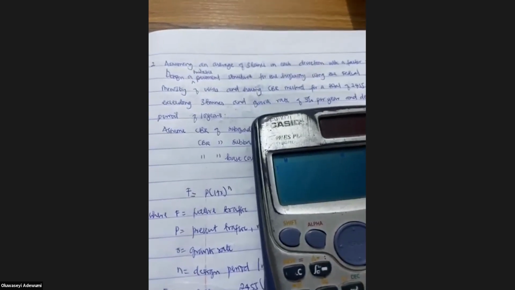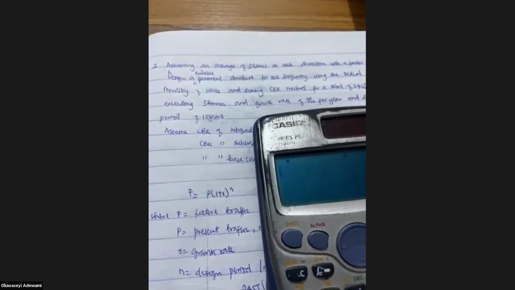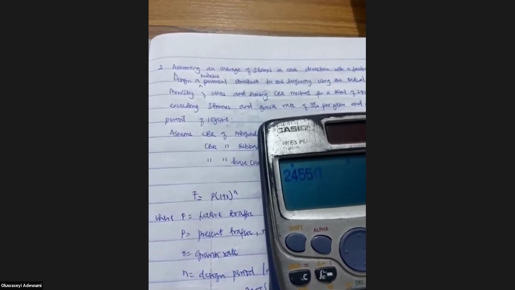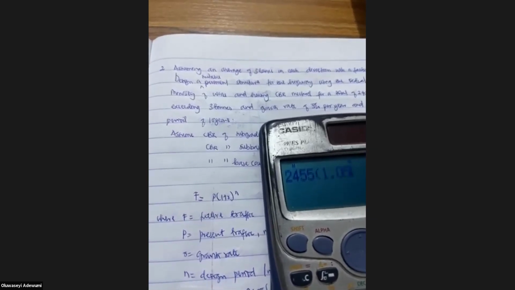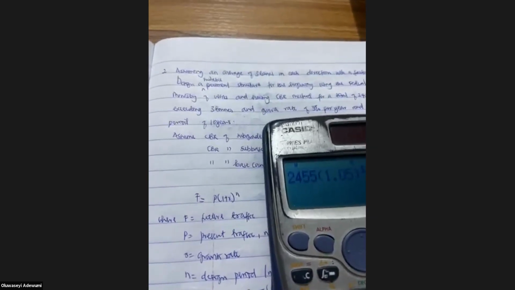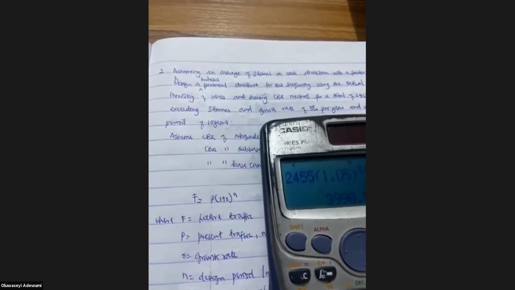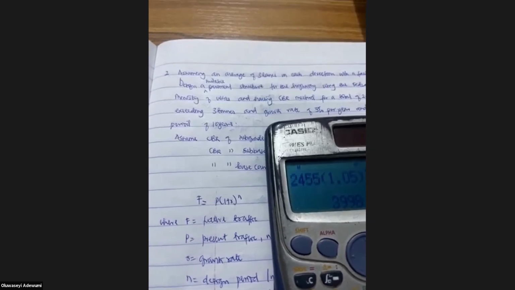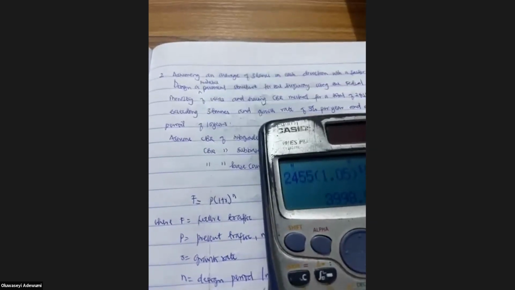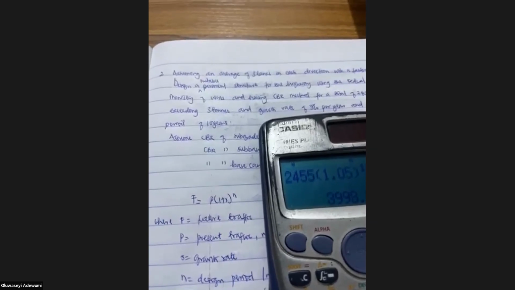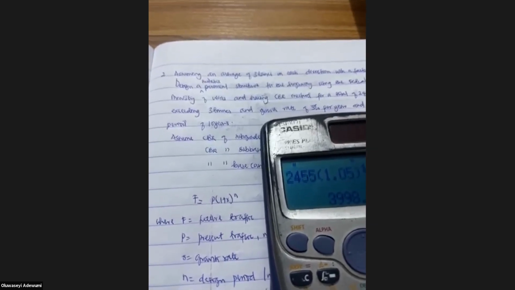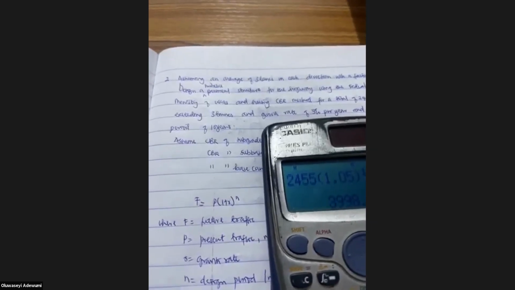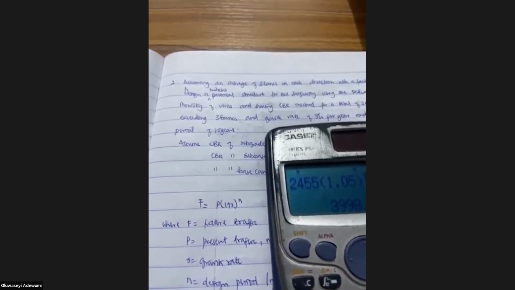Converting your 5% to 5 over 100. That's giving us 3,999. So we round up to 4,000 vehicles to make it a good number. All these things are estimations.